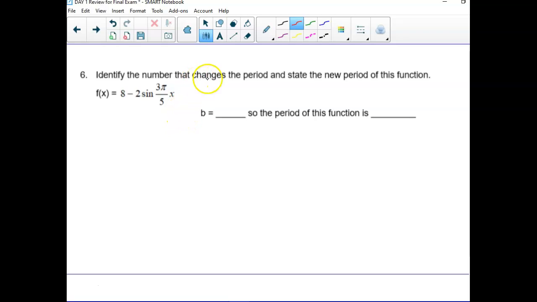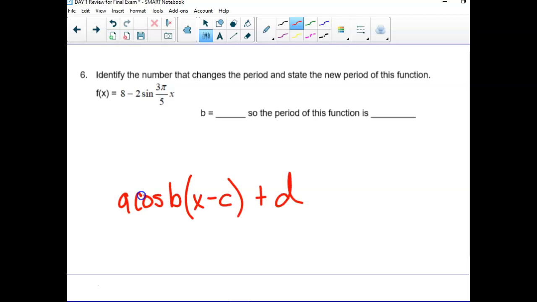All right, identify the number that changes the period and state the new period. Real quick, if we had A cosine B x minus C plus D, A affects amplitude, and amplitude is always positive, right?